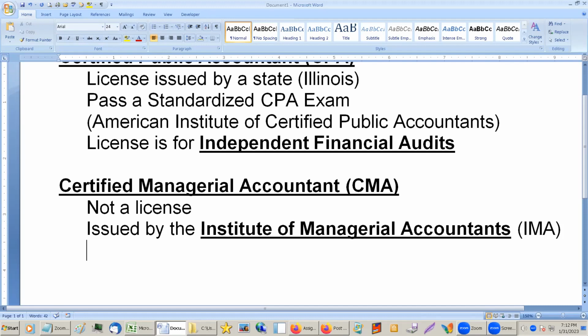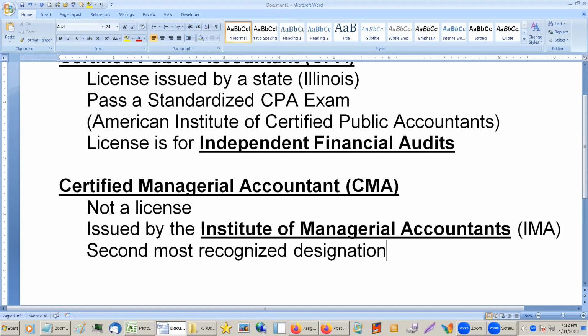This is probably the second most recognized designation. It's a two-part exam.